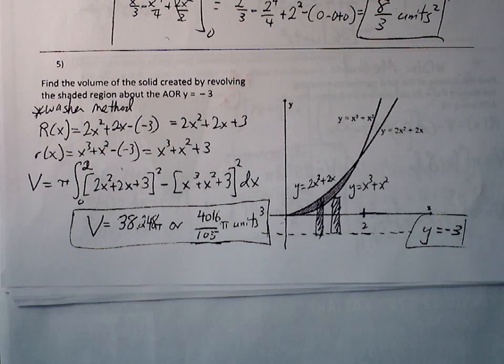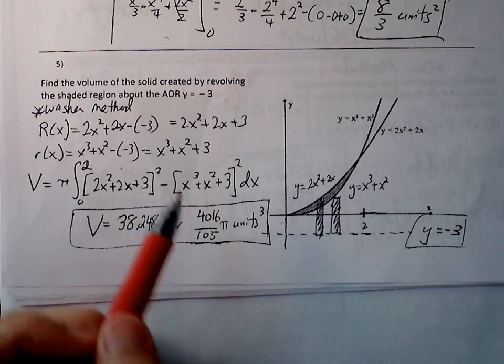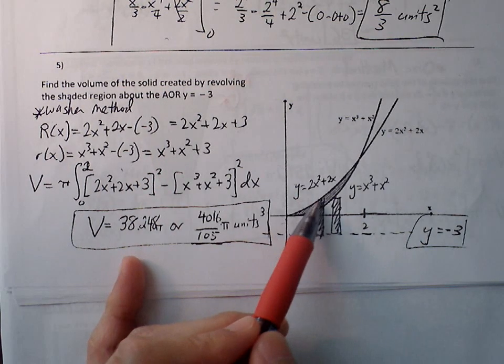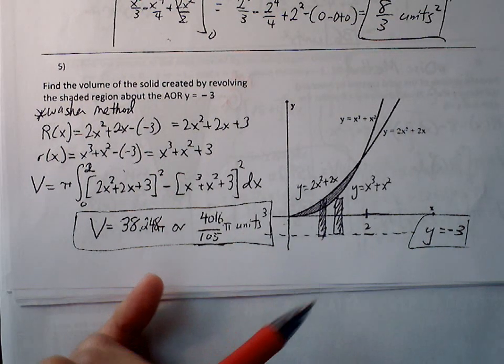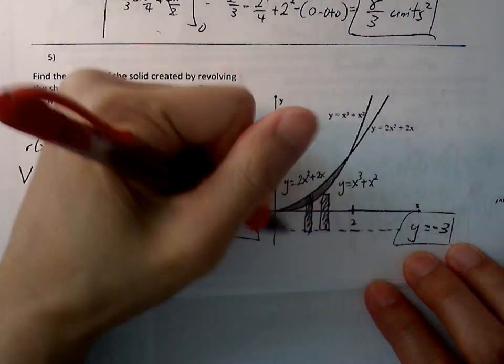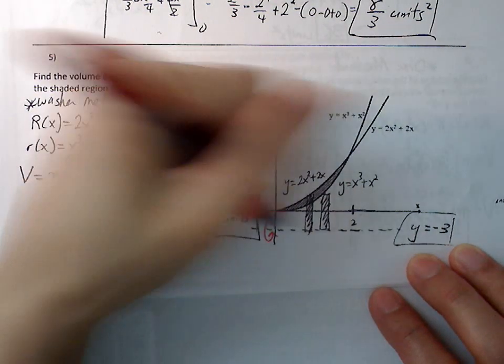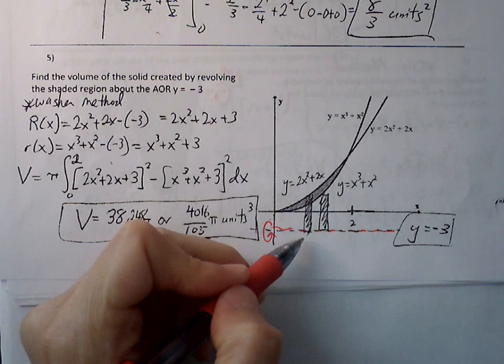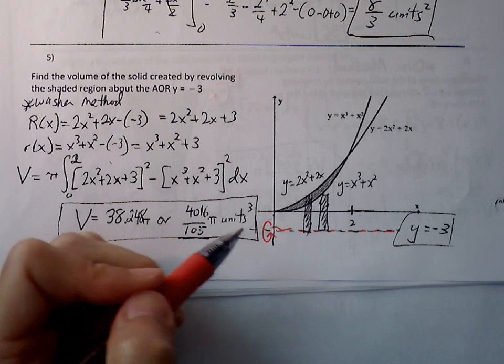Right, number 5, same shaded region as number 4, so our bounds can carry over. But now we're rotating this shaded region in a circular way around this dotted line, y equals -3. Notice that there's a complete gap there. It's not up against a flat surface, so we know that we have to involve two different radii.